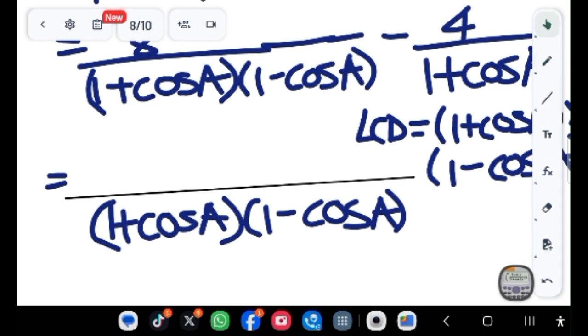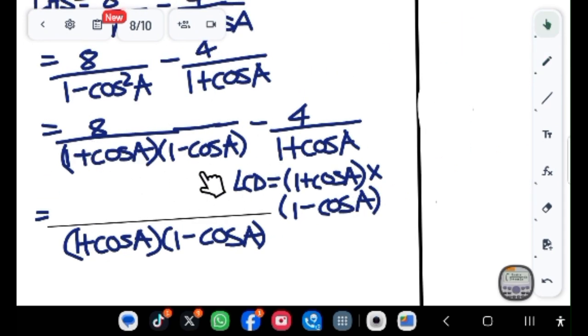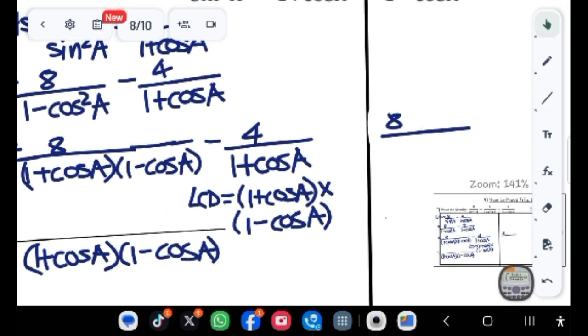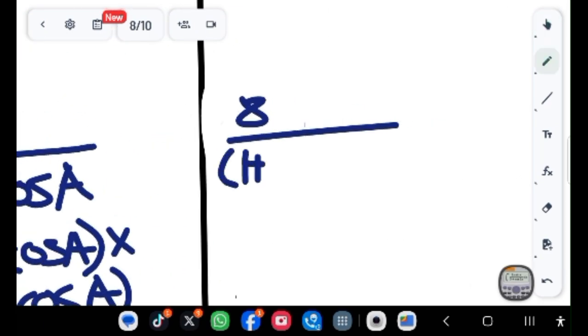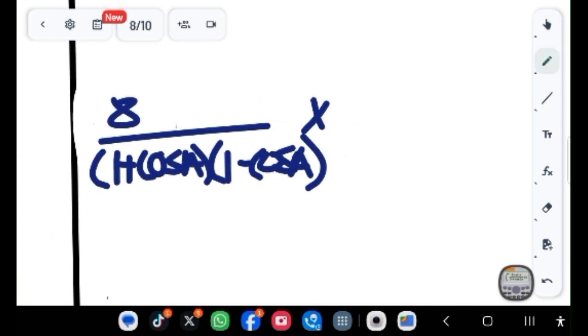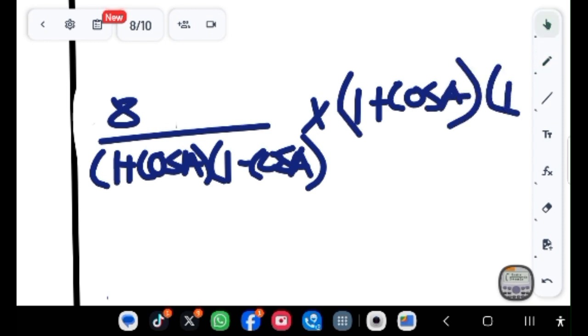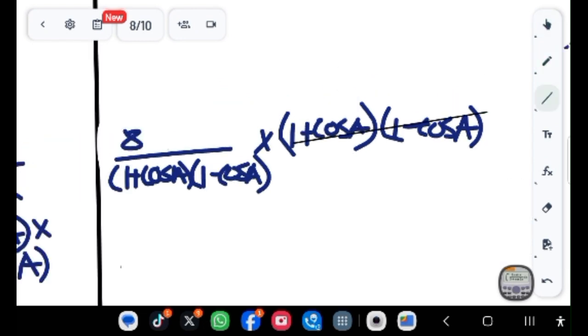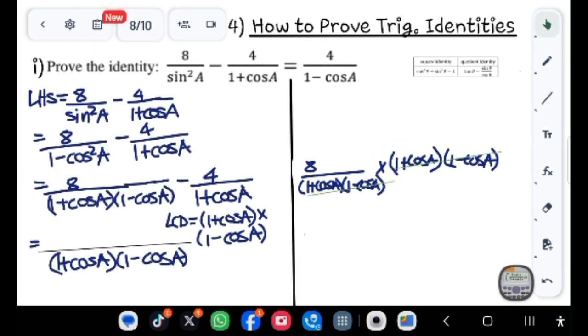That is equal to, alright, so now we multiply this by the LCD. So that's 8 over 1 plus cos of A times 1 minus cos of A, multiplied by the LCD, which is 1 plus cos of A times 1 minus cos of A. All of these cancel out. You're left with 8 at the top.